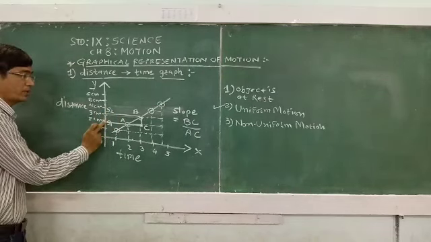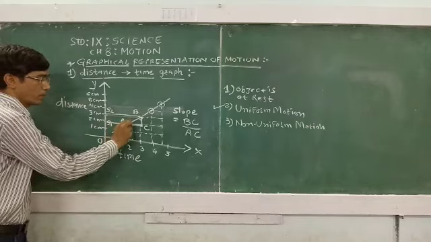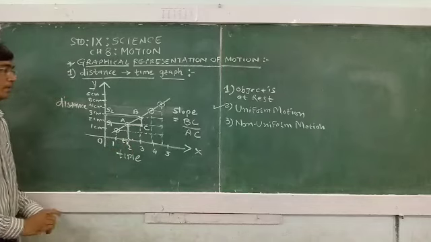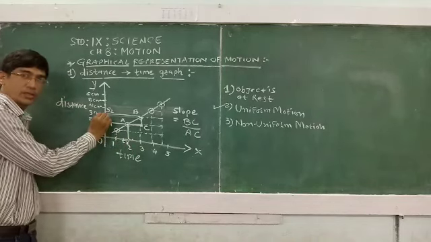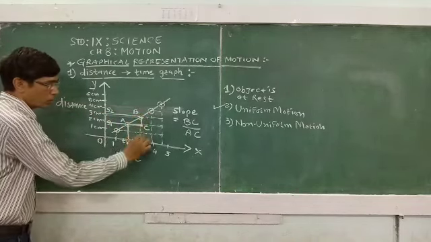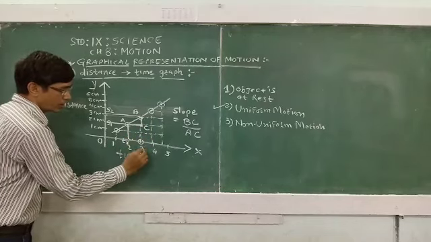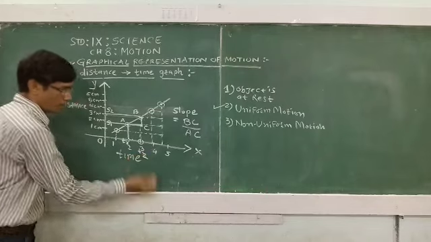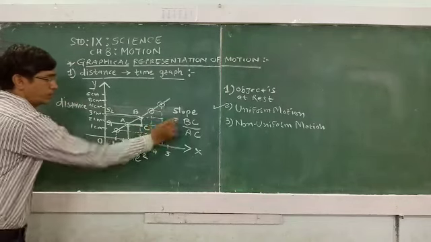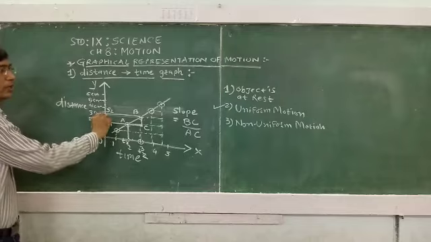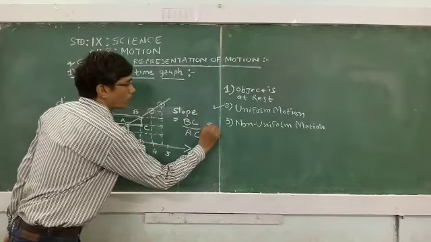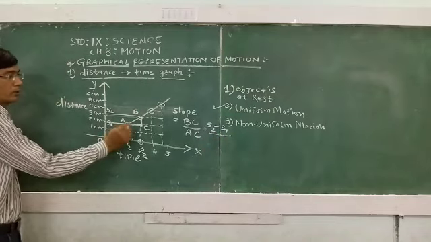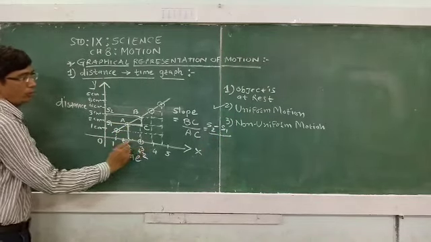When the object is at S1, 2 cm, the time is 2 seconds, taken as T1. Likewise, at 3 cm the time is 3 seconds, taken as T2. So BC is S2 minus S1, and AC is T2 minus T1.